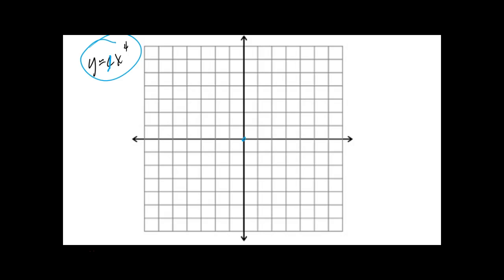Now, let's see. How do we want to scale this? Doesn't matter, but wait just a second. Let me think. I want to ask you a question. You want to use a 1-to-1 scale, or the x scale can be different from the y. The x's are going to stay pretty small, and the y's are going to get very big very quickly. So let's do the y scale of, I'm going to go back to black for this scale, 1, 2, 3, 4, 5, 6, 7.